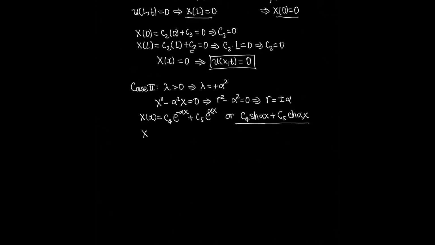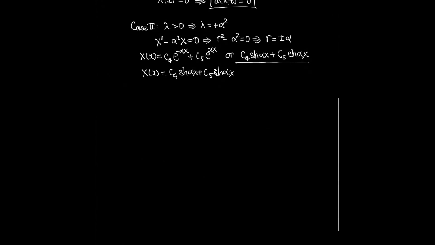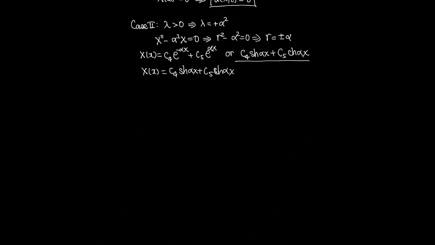That means X equal to c4 sinh alpha x plus c5 cosh alpha x. Again, I have the boundary conditions equal to 0, so I'm going to solve for the constants.